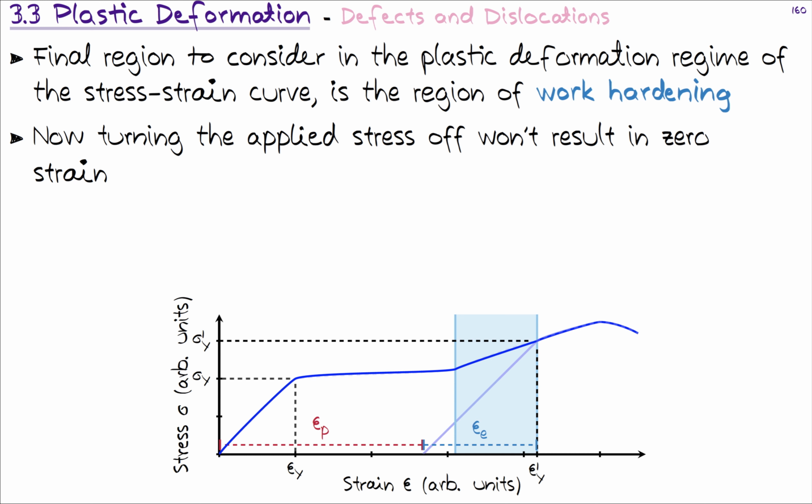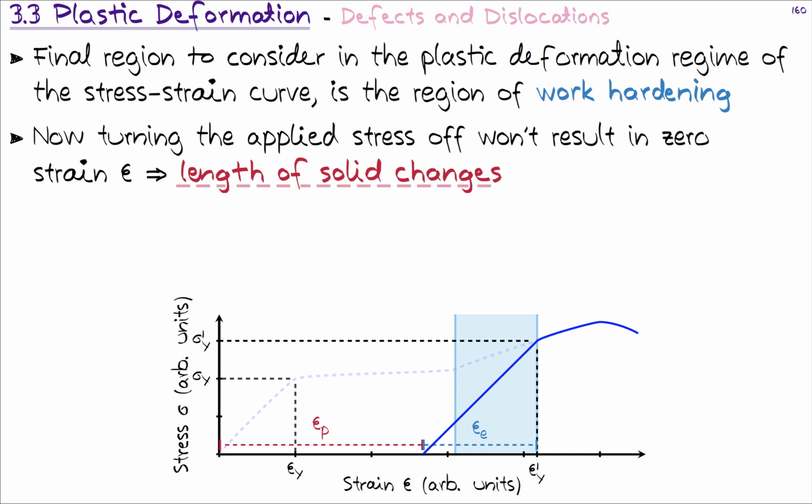We no longer return to this zero point in the stress strain curve, but rather we go somewhere downwards, somewhere here, so that we do not anymore get into the regime where we have zero strain. And this of course physically means that the length of the solid has been changed.